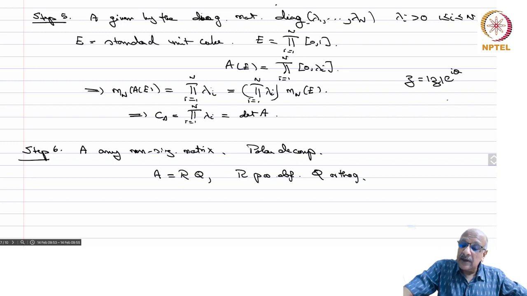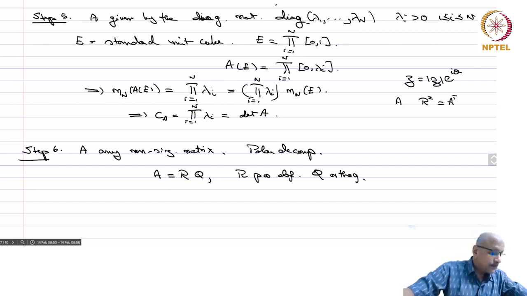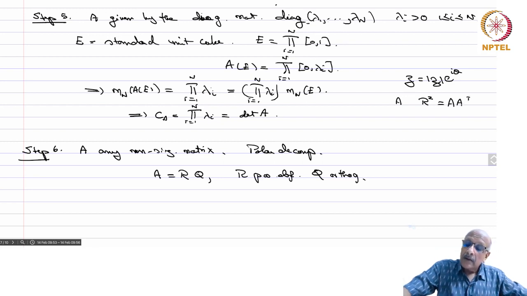Similarly, you take A and you find R such that R squared equals A transpose A. Then R is the square root of this, which you can find because this is a positive definite matrix, and you take Q equal to R inverse A. This is called the polar decomposition. It's the same as writing a complex number in terms of its modulus and its argument.